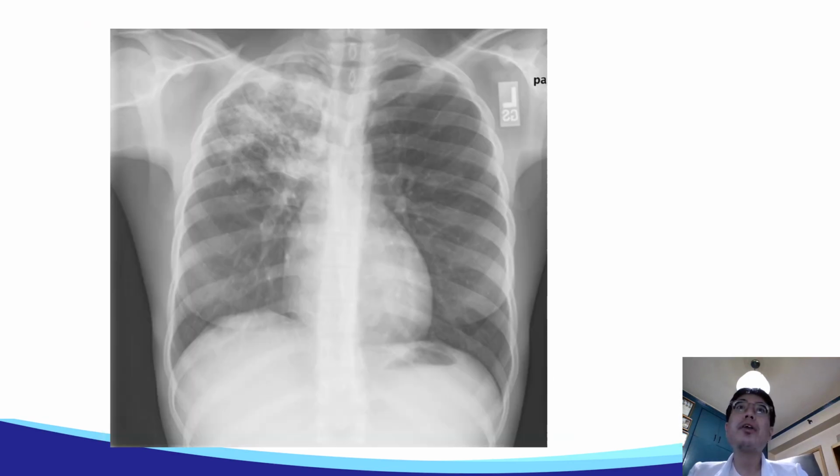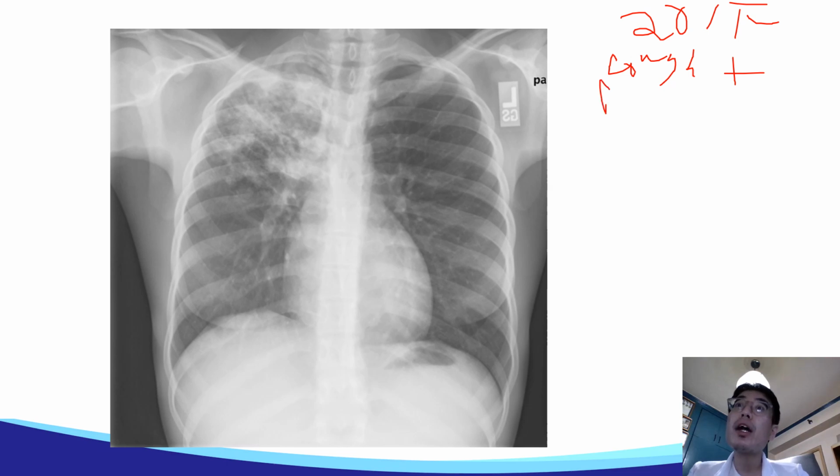For our second case, we have the PA projection of the chest x-ray of a 20-year-old Filipino lady with a 4-month history of unremitting productive cough with intermittent fever and weight loss. We see here that there are multifocal and patchy opacities in the right upper lobe.